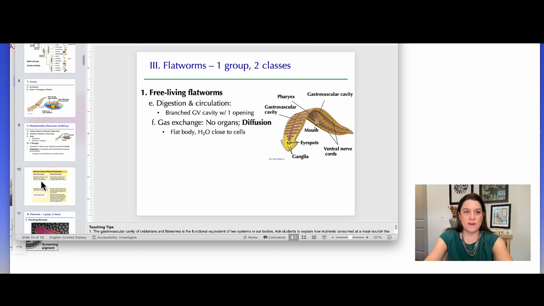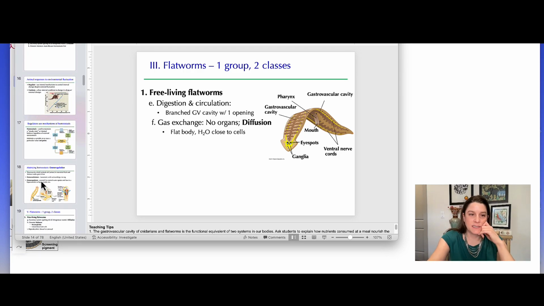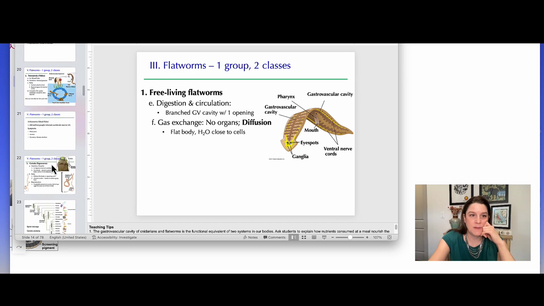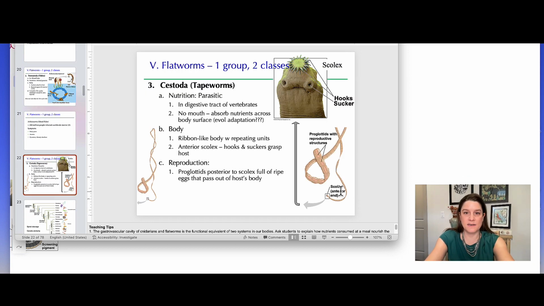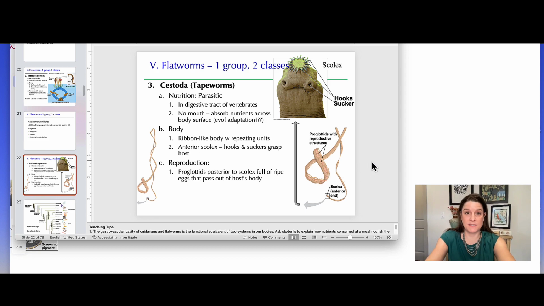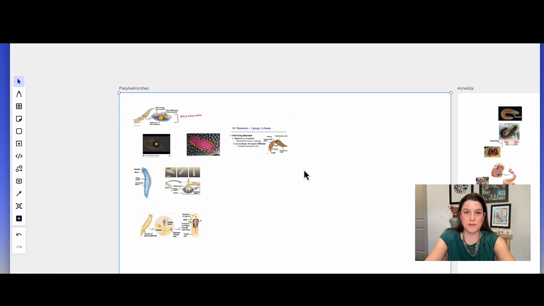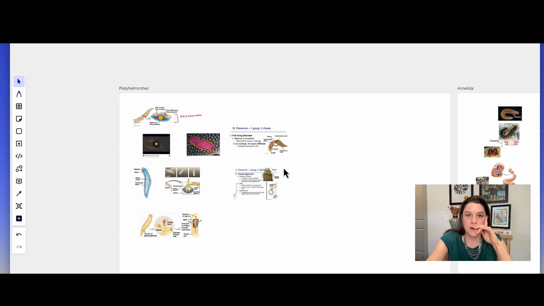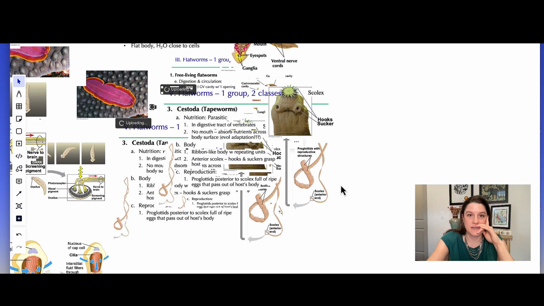Then they just break off the body units into these cyst forms. You poop them out, and then they can get taken in by other individuals and infect them. So that's how the tapeworms get passed. I'm putting a picture of a tapeworm onto our slide. So if you're following me, you can see that here.